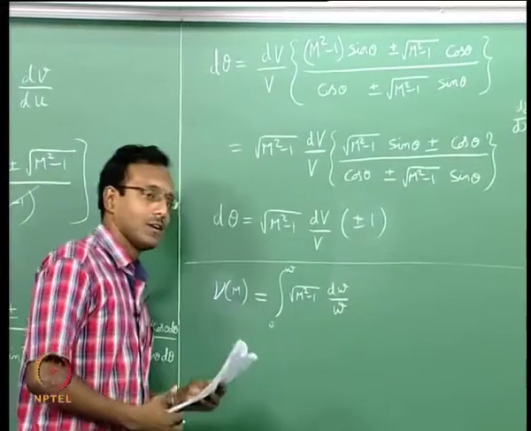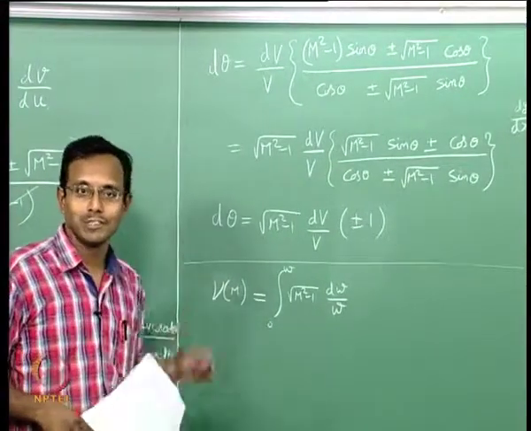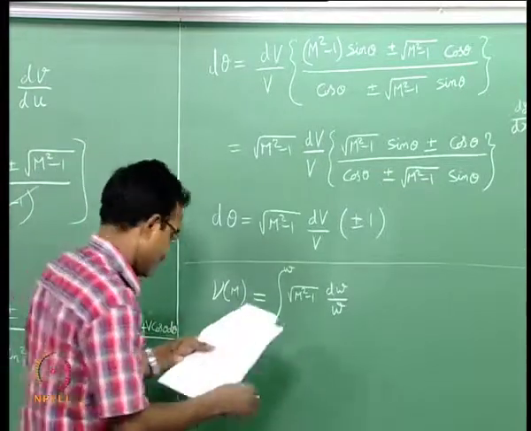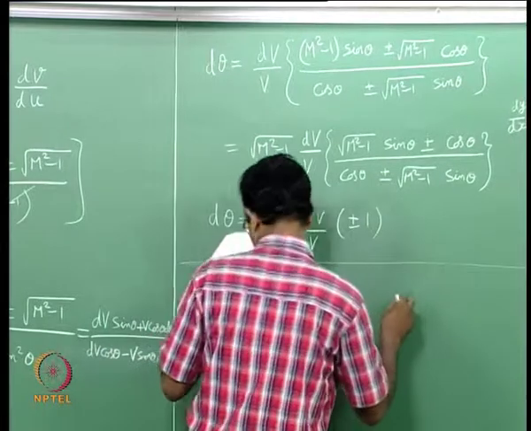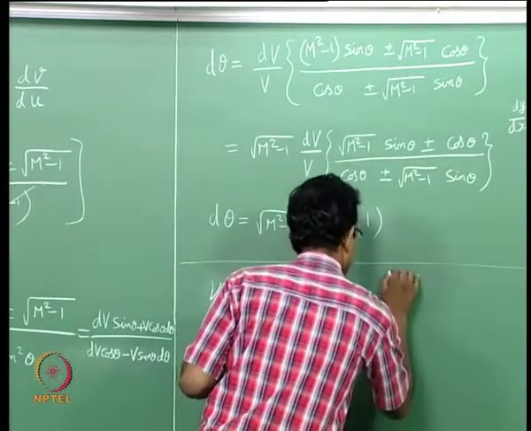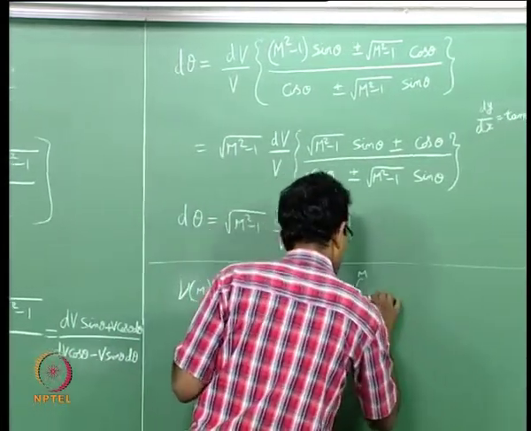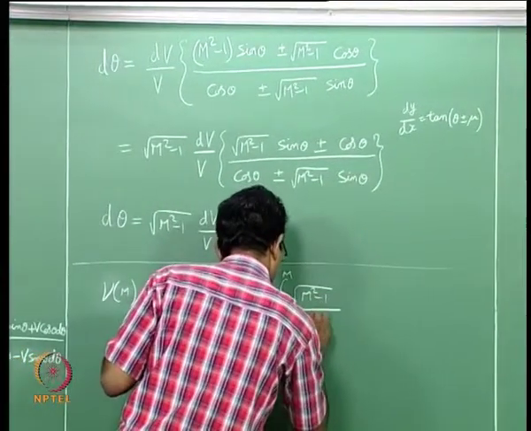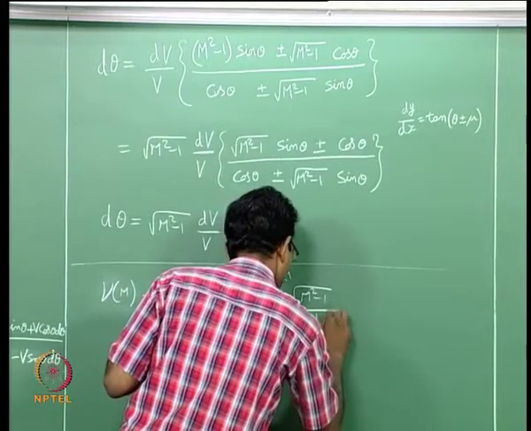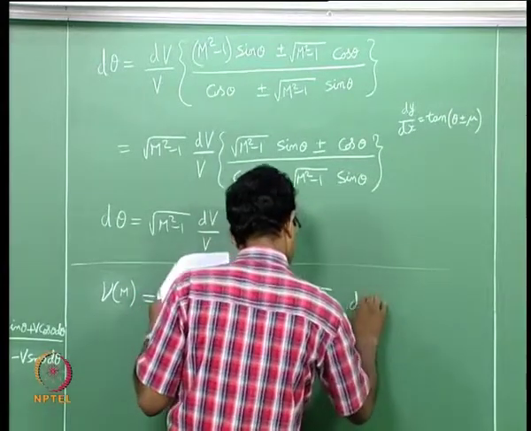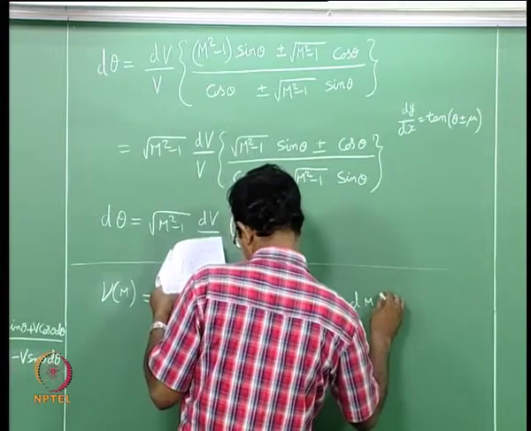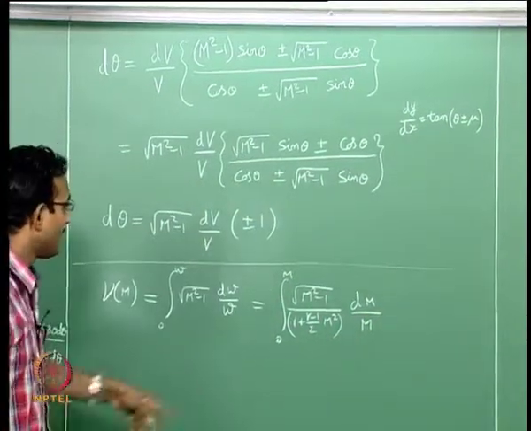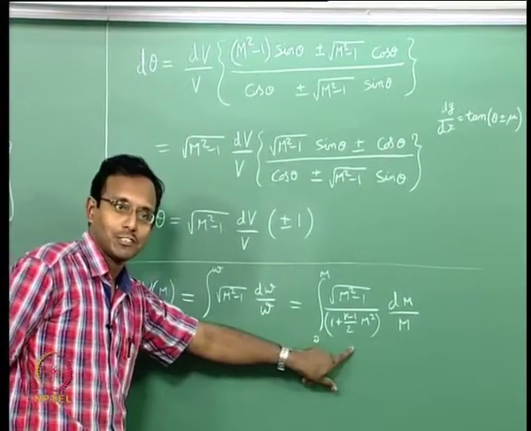This w was our local velocity field vector value. We wrote this, and this converted to Mach number came to our standard expression, 0 to m square root of m square minus 1 divided by 1 plus gamma minus 1 by 2 m square, d of m by m. Okay. And we integrated this to get our Prandtl-Meyer function.